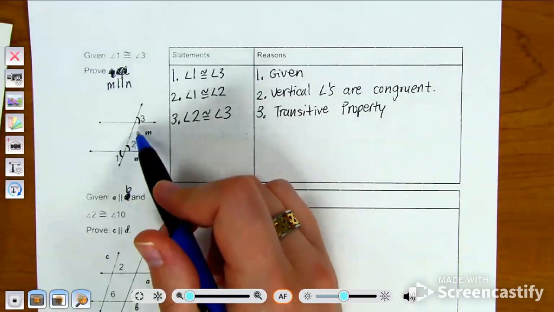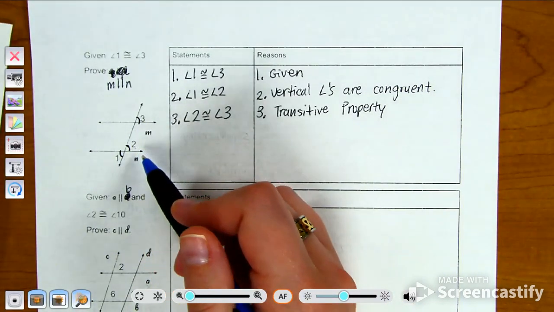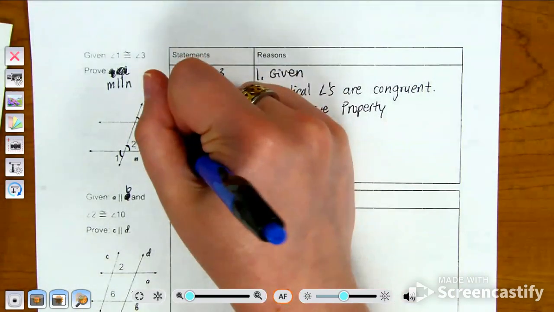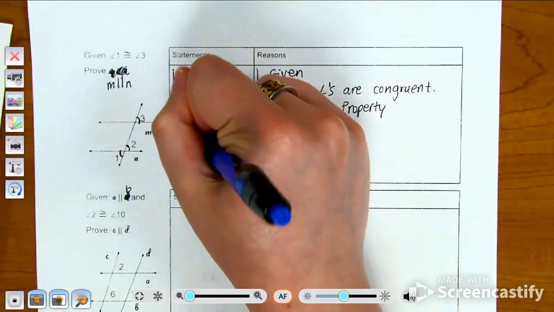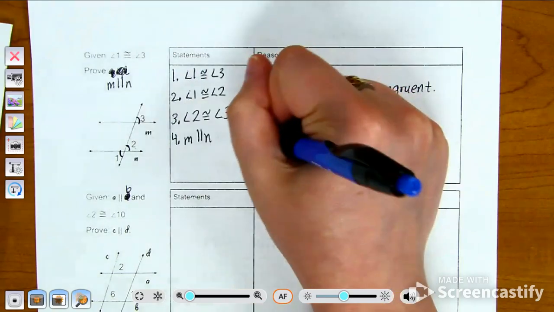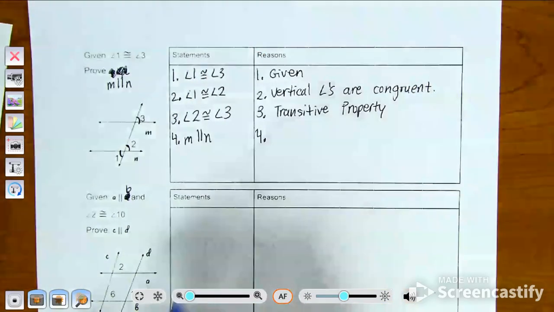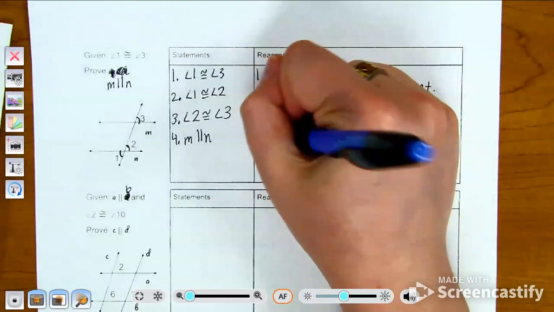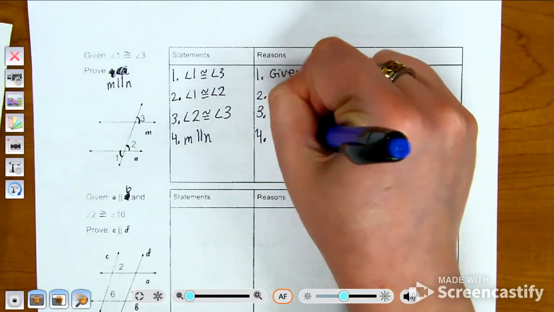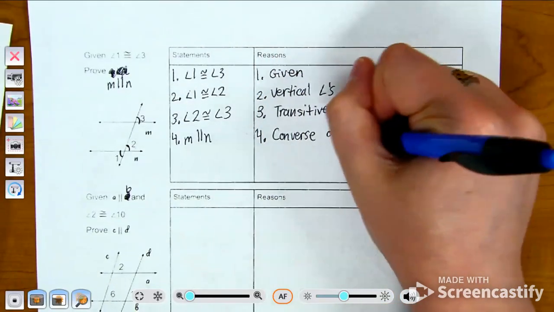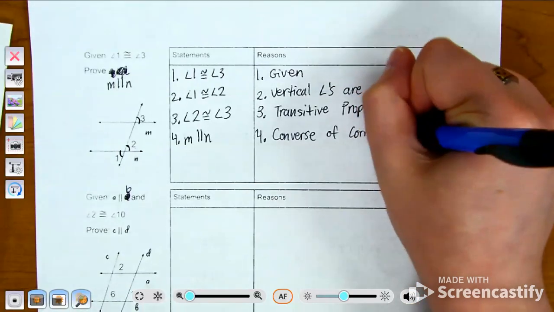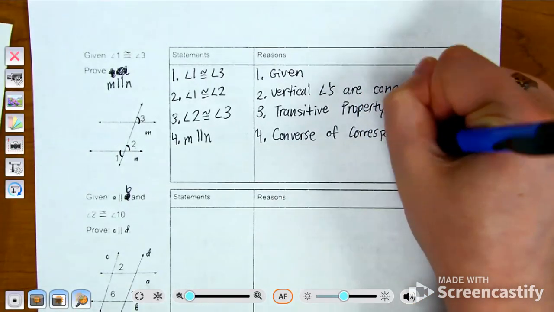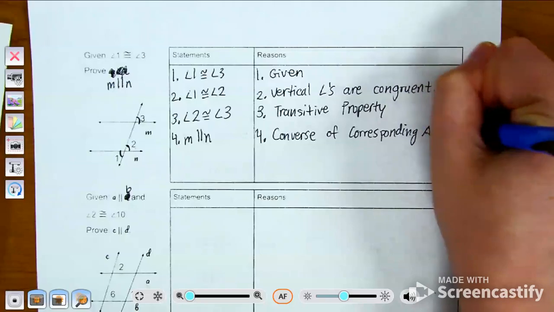Since the corresponding angles are congruent, we know that we have to have parallel lines. So this means that lines M and N have to be parallel to each other. So the reason that we would provide is the converse of the corresponding angles theorem.